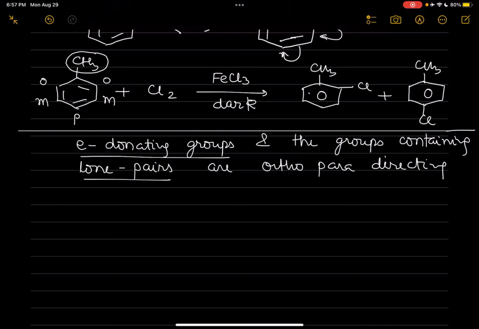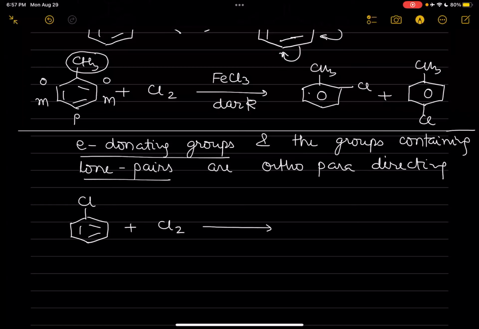Yes, understand. So suppose chlorobenzene is there, and I need to put one more chlorine on the benzene ring. I need to take Cl2 and react it one more time, and I will not use sunlight, because for reaction with benzene you don't use sunlight, you use a Lewis acid, FeCl3, or sometimes AlCl3 also.